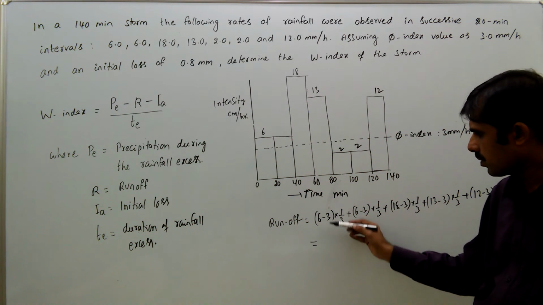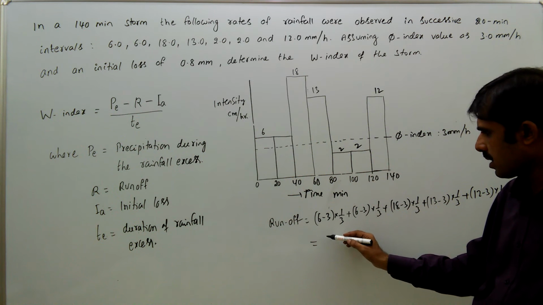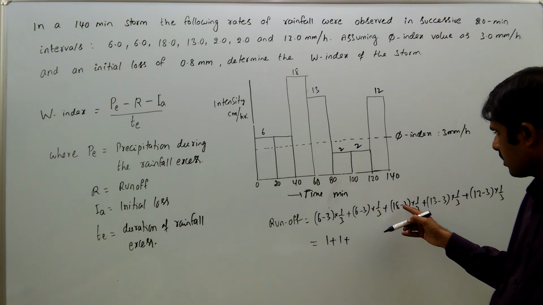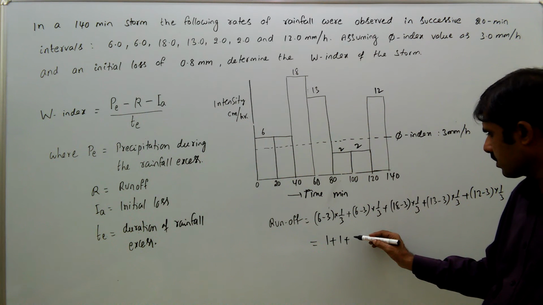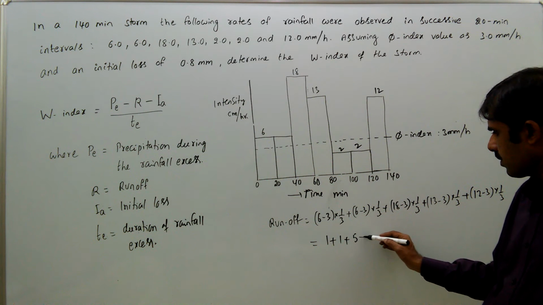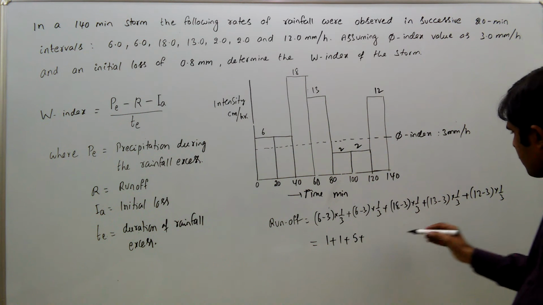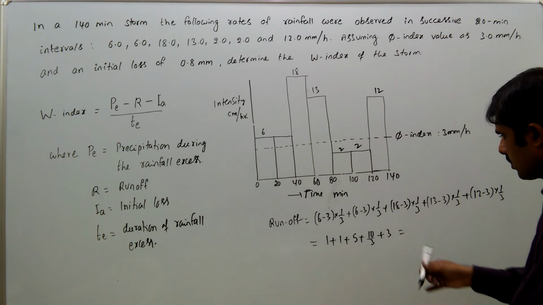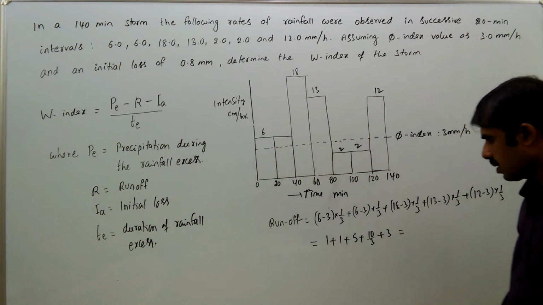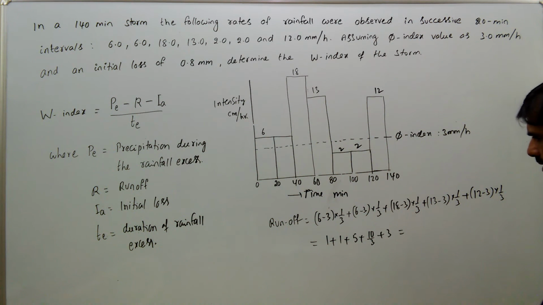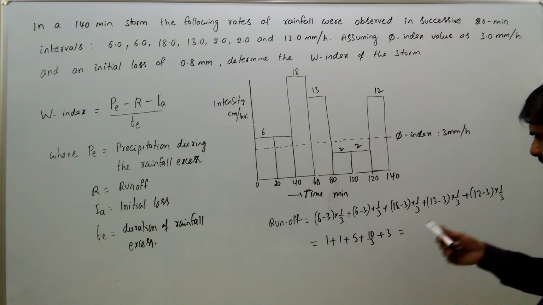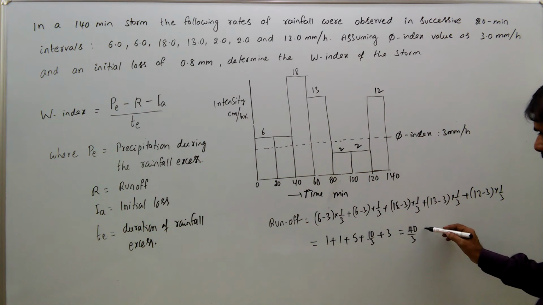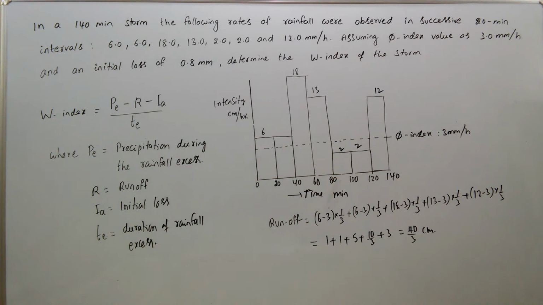That equal to 3 into 1 by 3, that is 1, plus 3 into 1 by 3, that is 1, plus 15 into 1 by 3, that is 5, plus 10 by 3, plus 9 by 3, that is 3. That equal to 5 plus 2, 7, 10, 10 plus 10 by 3, 40 by 3. 40 by 3 centimeters is the runoff.